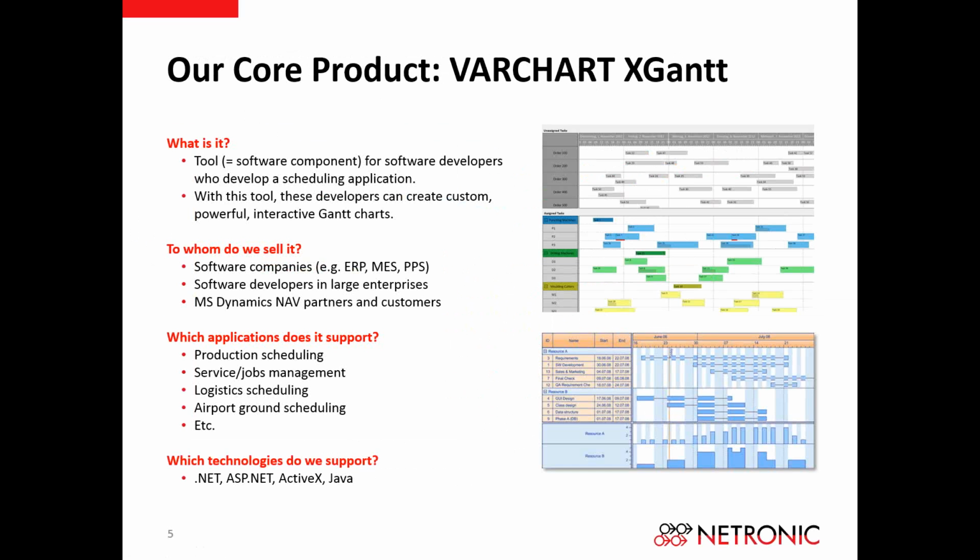Our core product, and this product is also the foundation of what we do for NAV, is called Varchart X Gantt, which is a very proven and mature software product that we have been selling for almost 20 years to other software developers to help them build interactive Gantt charts. So our key conventional product is a tool that we sell to other software developers that helps them build charts like these.